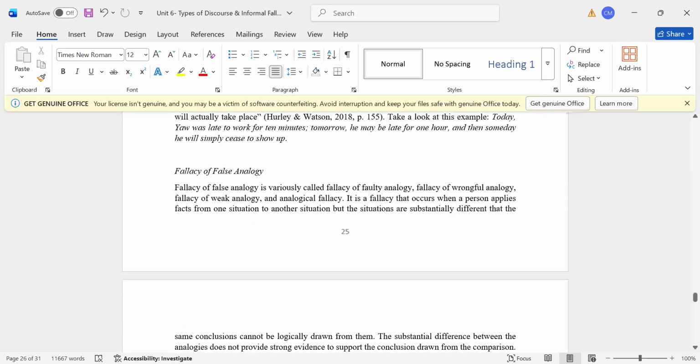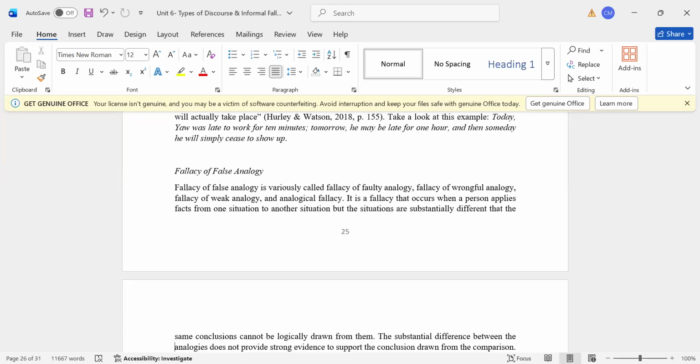False analogy, comparing. When you compare two or more things, then you draw a conclusion. Collins looks like Kofi Richmond. Then I conclude that because they look alike, they have the same parents or they are siblings. That's false analogy. You may have two people who look alike, but it is not necessarily the case that they are siblings.